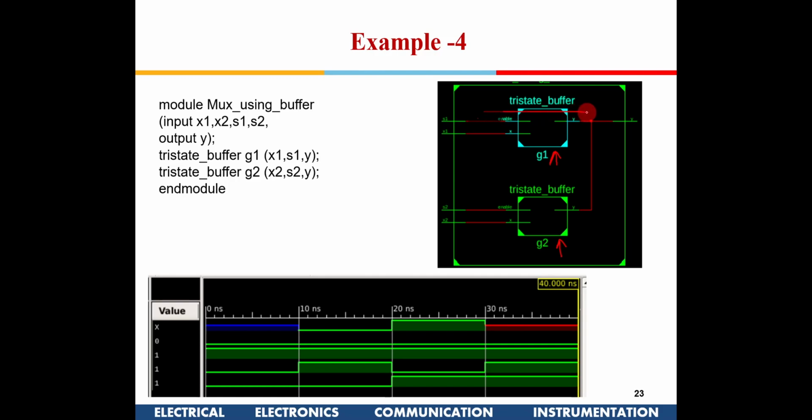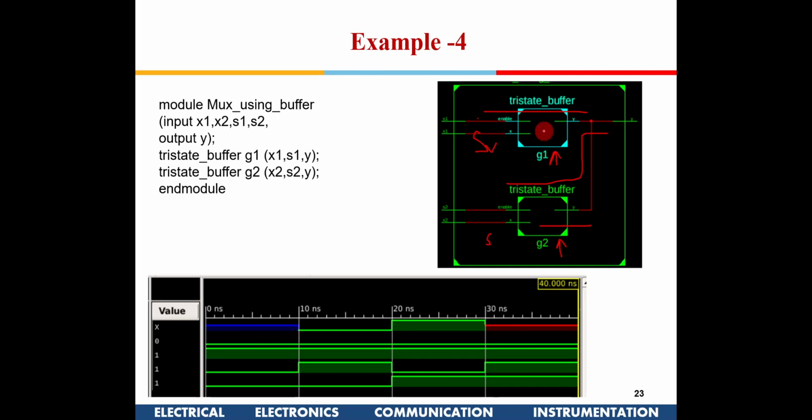So either this will be routed, or this will be routed here. So this is a mux. If this control signal is high, this will be activated. If this control signal is high, this will be activated.